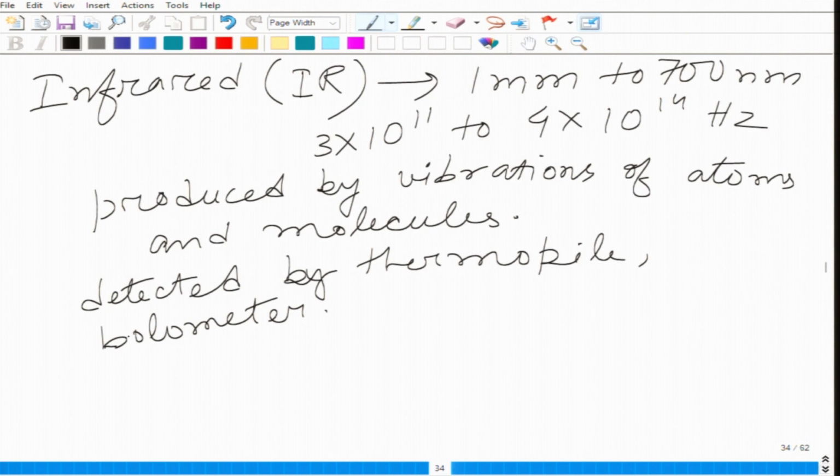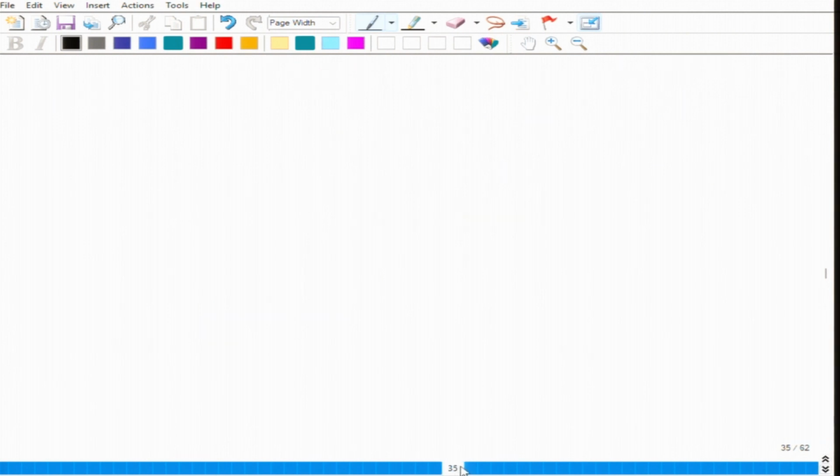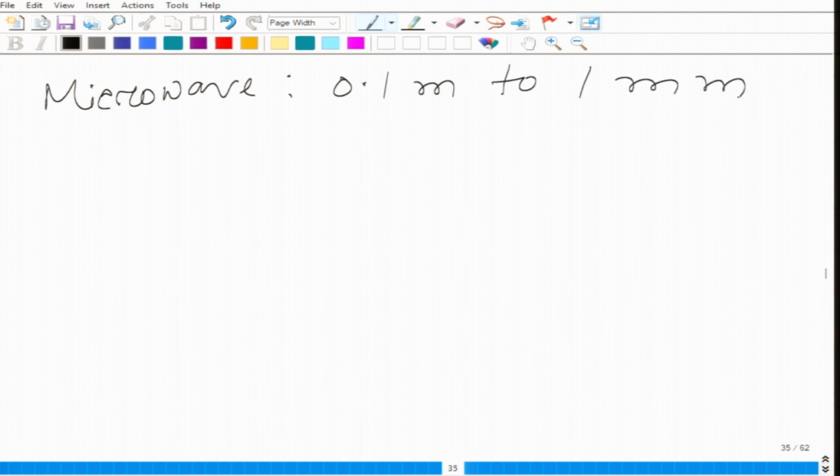The next one is microwave. Microwave has a wavelength range of 0.1 meter to 1 millimeter.